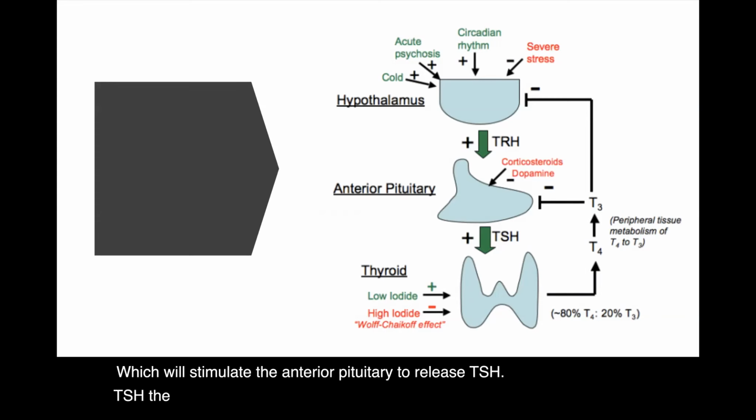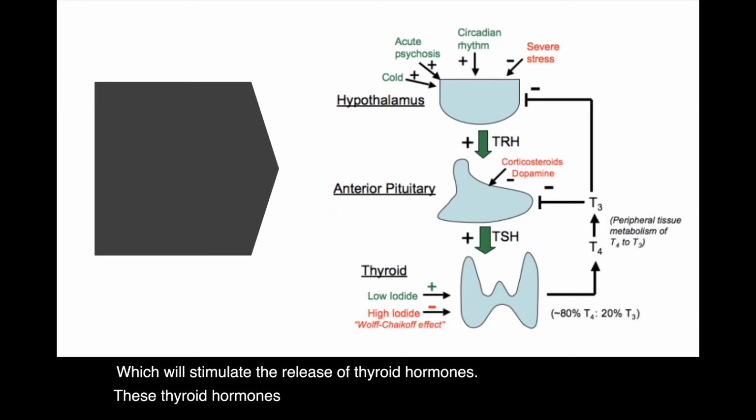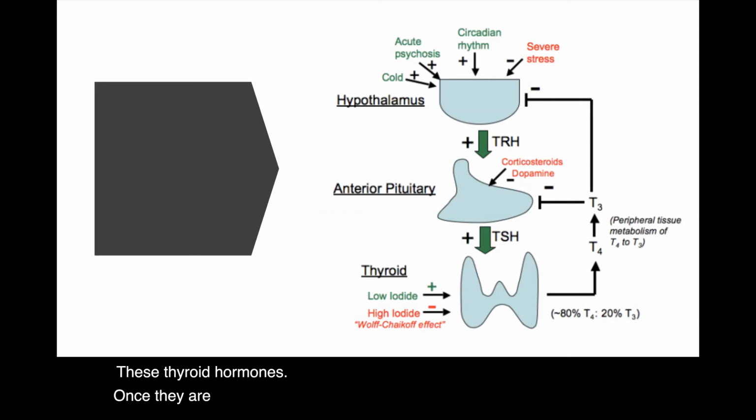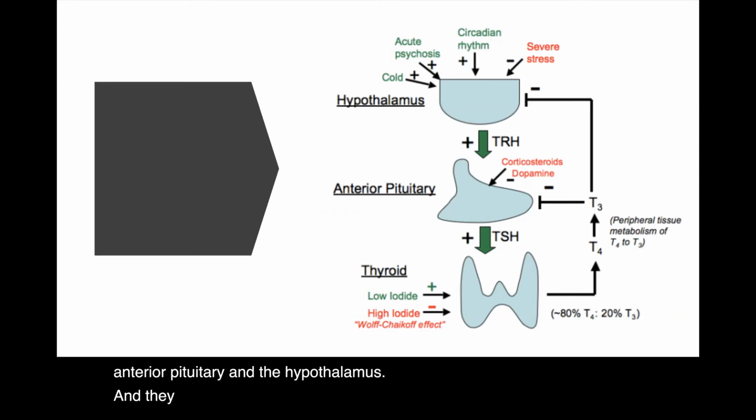TSH then makes its way to the thyroid, which will stimulate the release of thyroid hormones. These thyroid hormones, once they are increased to a high level, will then negatively feed back to the anterior pituitary and the hypothalamus, and they will stop production of thyroid hormone.